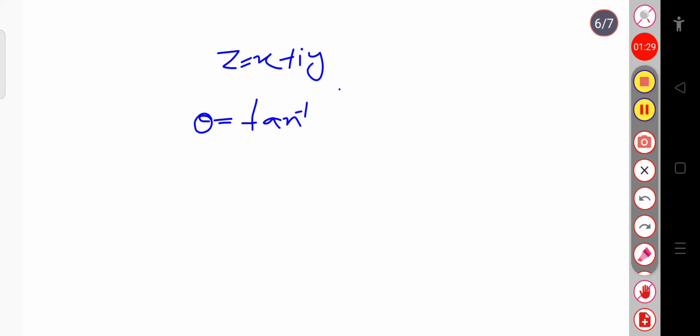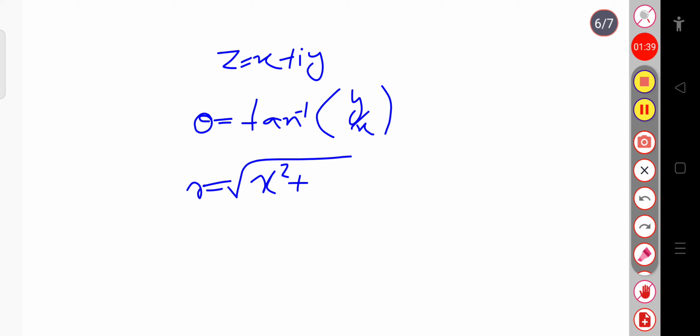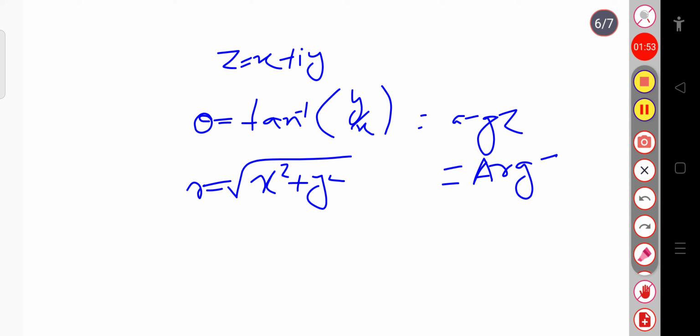This is the polar representation, theta equal to tan inverse y by x, and r equal to the root over of x square plus y square. We have already discussed this. This theta is nothing but the argument of z, or this is known as the principal argument. I am writing here capital argument of z.